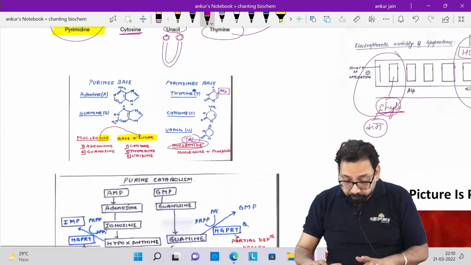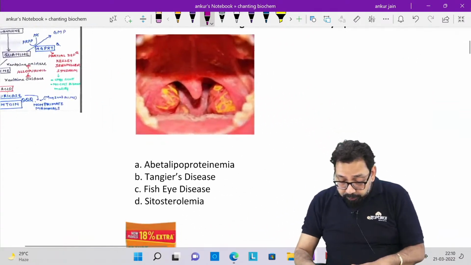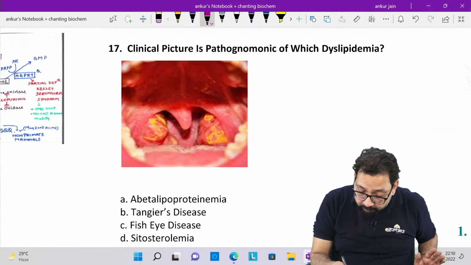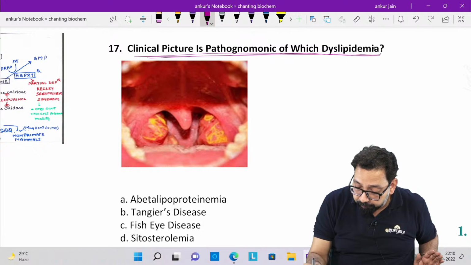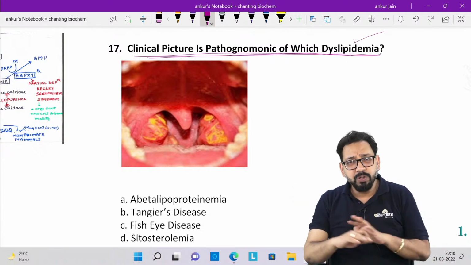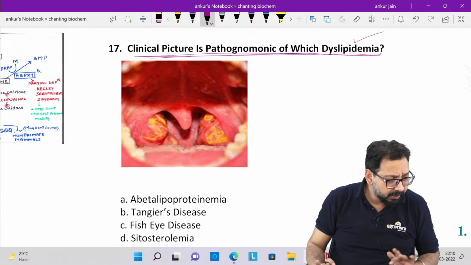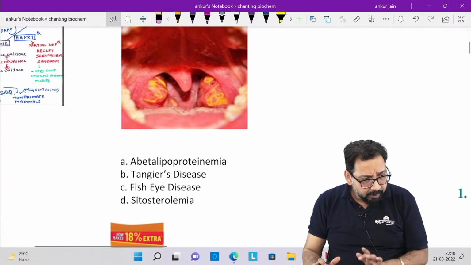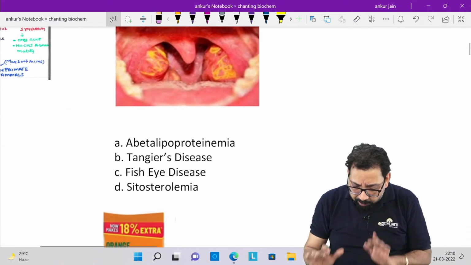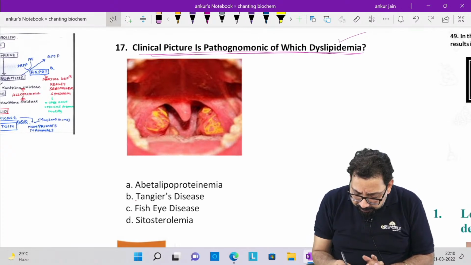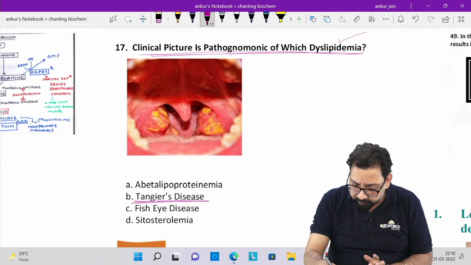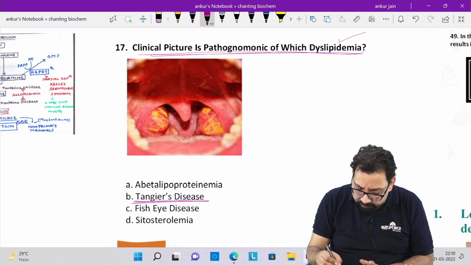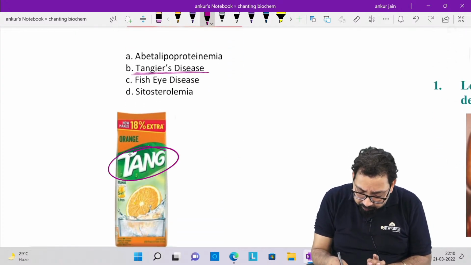Now, this question was asked: clinical picture pathognomonic of which dyslipidemia? I am doing randomly, questions are asked randomly. So this is Tangier disease. Tang. Which color?